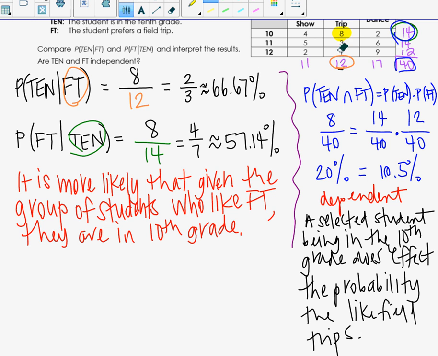Well, look at the other 2. It's 3 and 1. So this is the overwhelming choice. The 10th graders, obviously out of everybody, the 10th graders preferred field trips compared to the 11th graders and 12th graders. So it makes sense that that's dependent. Okay. If the numbers are closer together, you're probably going to have more of a chance of independence.